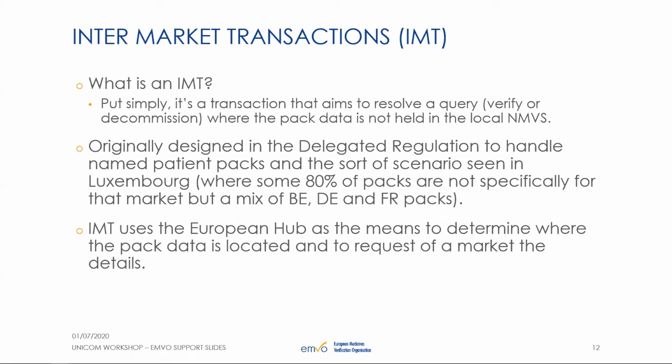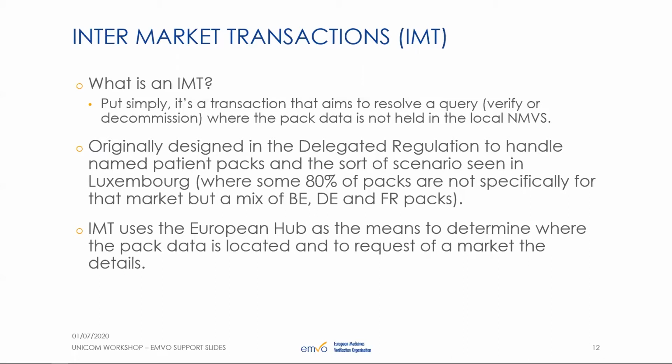Then we have the IMT, and the objective of this system was, at the very beginning, for Luxembourg. Luxembourg didn't want to have an NMVS at the early time of EMVO. And in Luxembourg, most of the packs are coming from the border countries, so Belgium, France, and Germany. If they have no NMVS, or share with Belgium as it is today, a lot of packs from Germany will not be in the Belgium-Luxembourg NMVS.